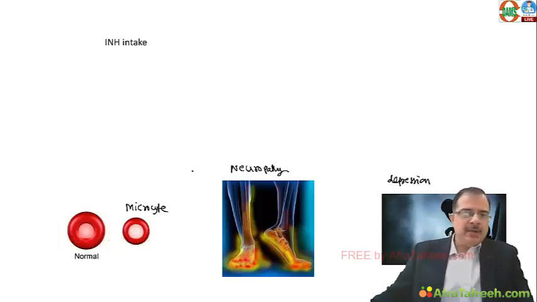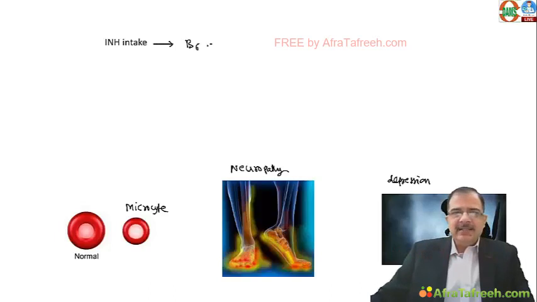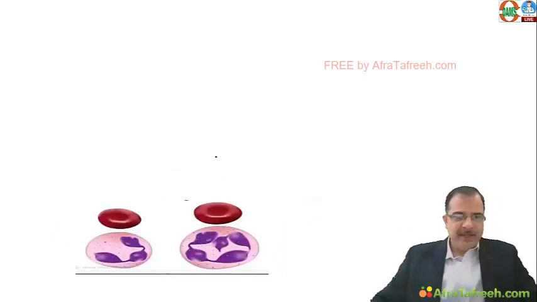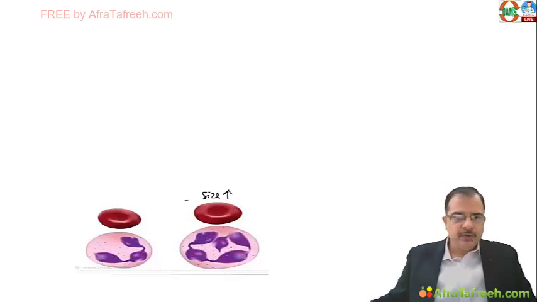So the patient has microcytes, neuropathy, depression. So INH intake leads to a B6 deficiency, pyridoxine deficiency, and this is nothing but a case of sideroblastic anemia. Sideroblastic anemia picture.